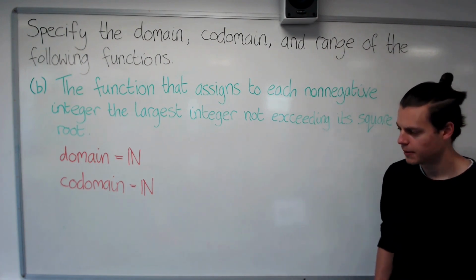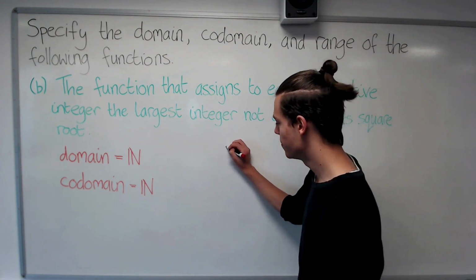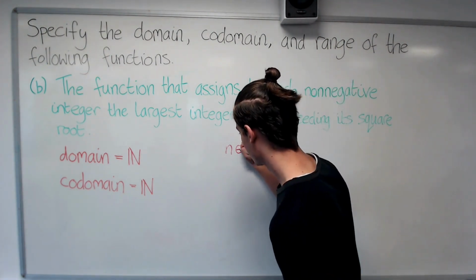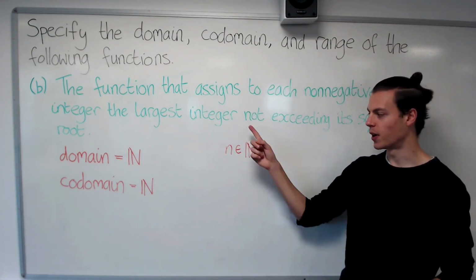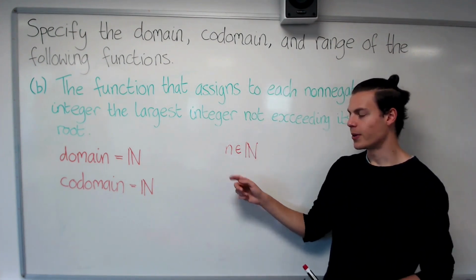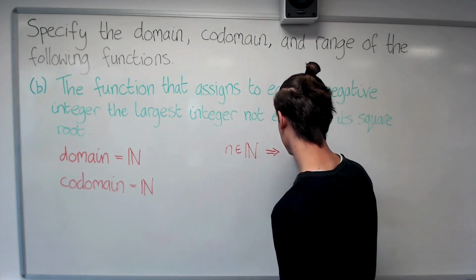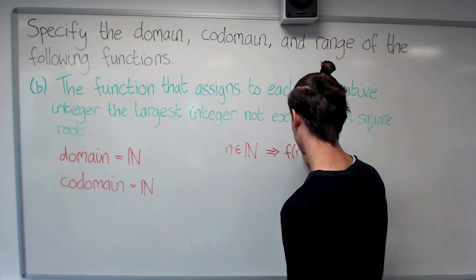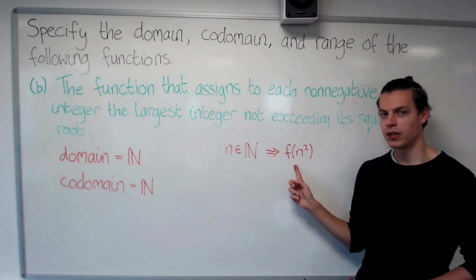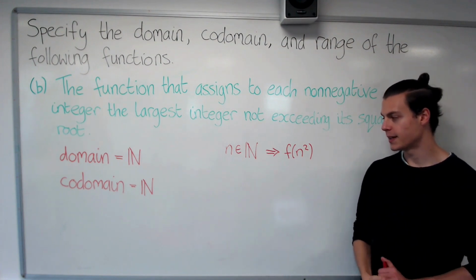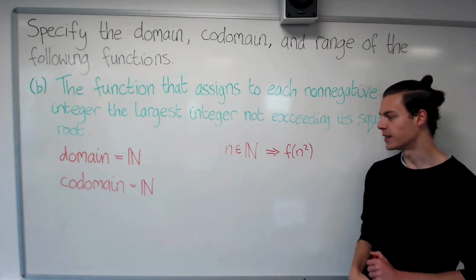So, given a natural number n, if we apply this function to n squared, this will output the largest integer not exceeding the square root of n squared.